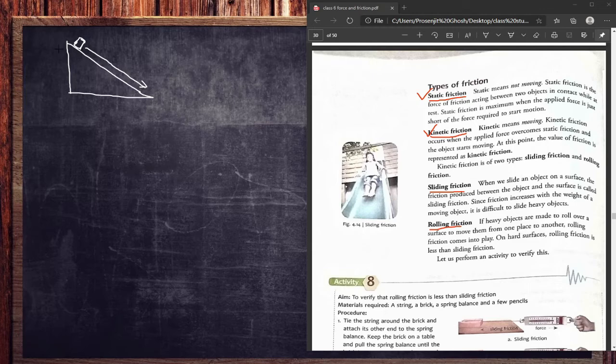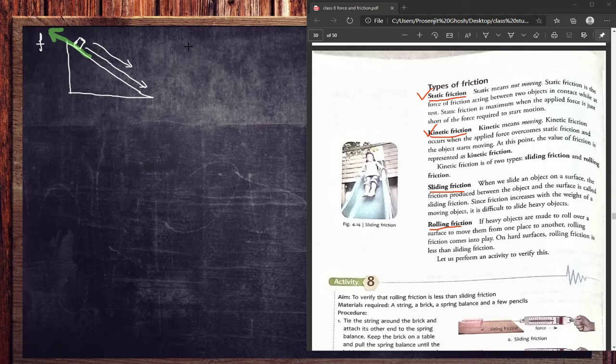And for this, it will experience some force along the contact point opposite to the direction of moving. So if the body is moving in this direction, which is pretty obvious, it will come to the bottom, then the friction force is working in the opposite direction and along the contact surface. So just remember that, and this is known as sliding friction.